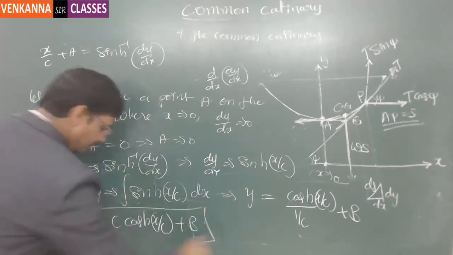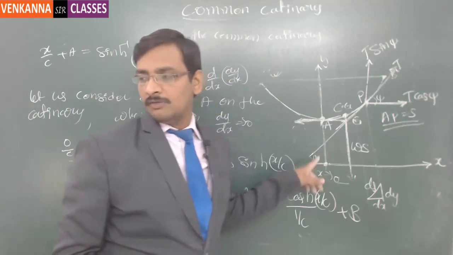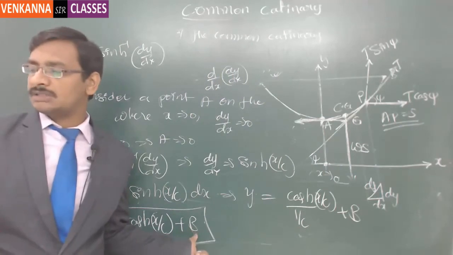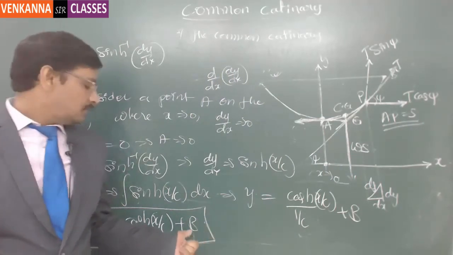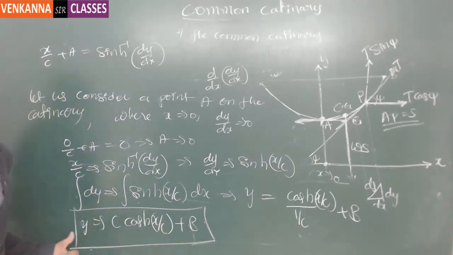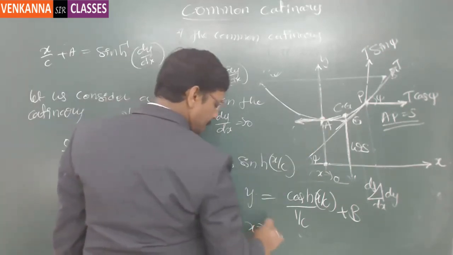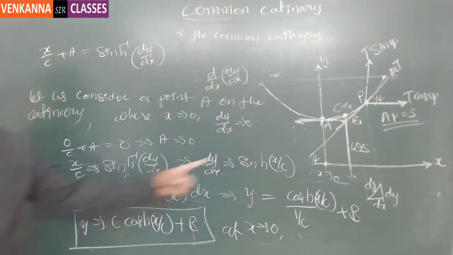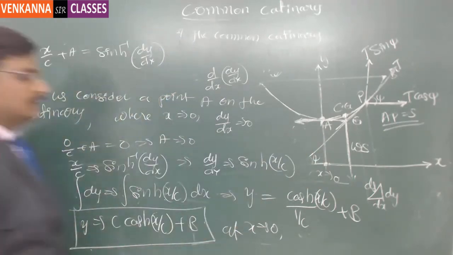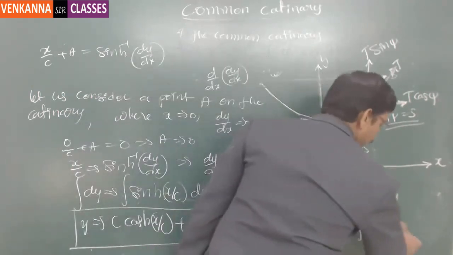Now here, the importance of y is that we are taking the origin at the bottom of this minimum point for eliminating this b. This b is some random constant which came in now. So you want to identify b is equal to 0. So at x is equal to 0, there is some y value. Let y is equal to c, then b will be 0.